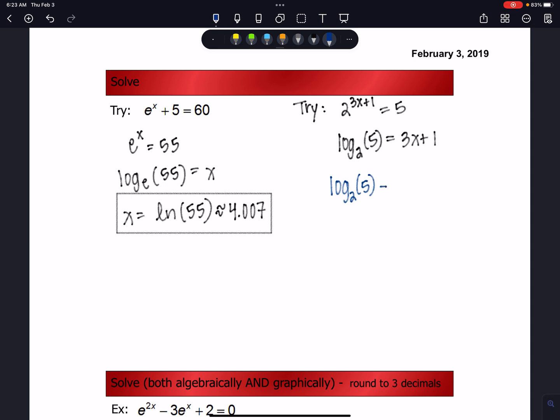I'm going to subtract 1 from both sides so that I can solve for x, and then I'm going to divide both sides by 3. And I get x equals log base 2 of 5 minus 1, all divided by 3. You can also write that as 1/3 times log base 2 of 5 minus 1.